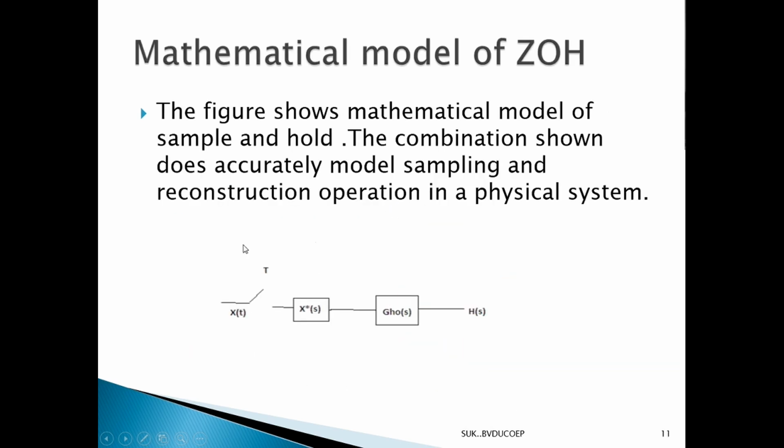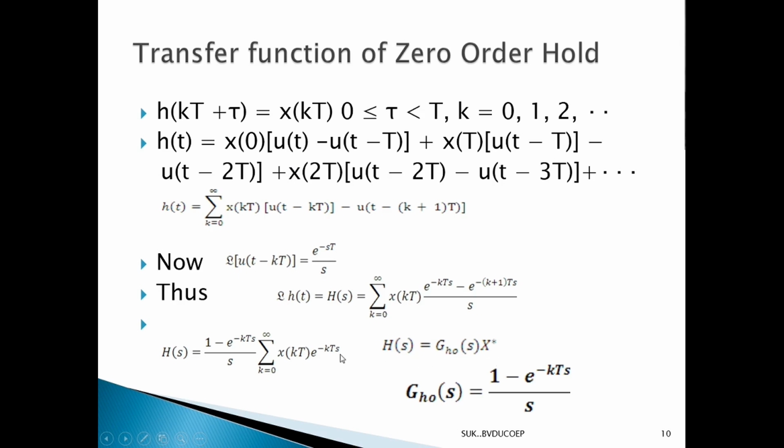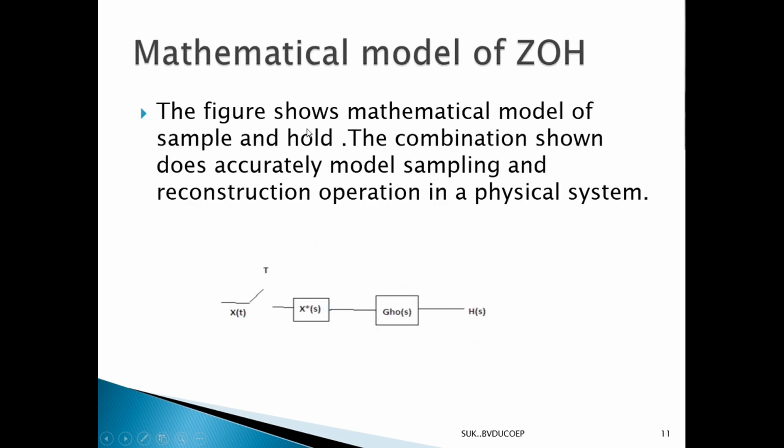And here this mathematical equation is shown in the model like this. The figure shows the mathematical model of the sample and hold circuit, the combination. Here x(t) is sampled at the instant t with the impulse signal, we get x star s, and there is a zero order hold, and then this output will be the reconstructed output H(s).